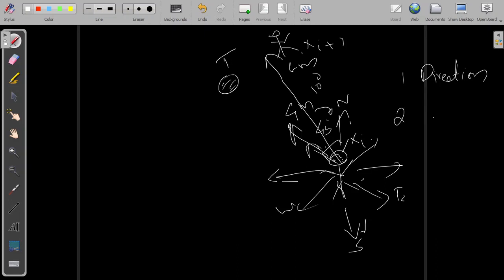So they are saying that some westwards, some 1 meter forward. Okay, so I reached here at this point. This is my new xi plus 1. That means this is some x0, this is some x1 and this is x2.